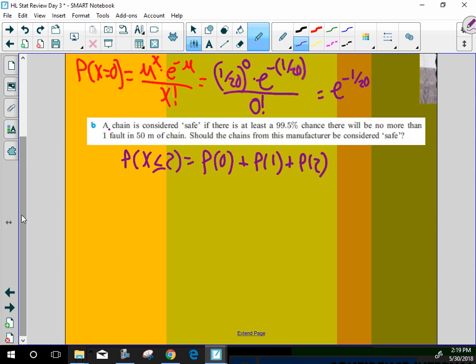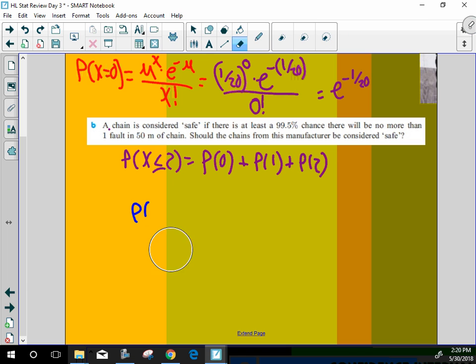A chain is considered safe if there is at least a 99.5% chance there'll be no more than 1 fault in 50 meters of chain. Should the chains from this manufacturer be considered safe? Okay, so they're saying here, probability of x equals 0, will be no more than 1 fault in 50.